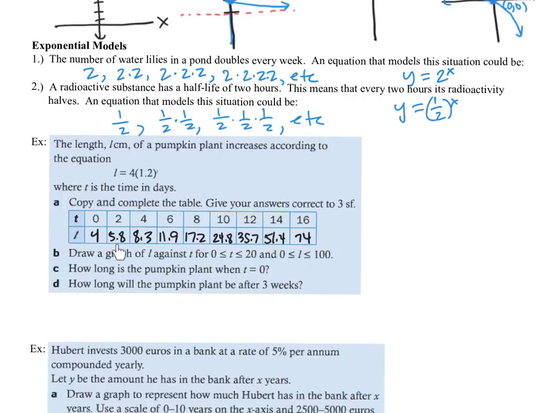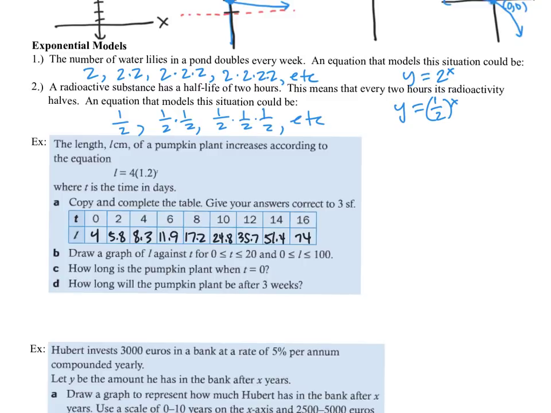Okay, so now that we have that table, now we're going to draw a graph of L against t going from 0 to 20, what are we measuring in days? 0 to 20 days, and the length of the plant going from 0 to 100. Now, we do not need to plot every single one of these points. We know the basic shape of an exponential function, so let's just plot a few of them.